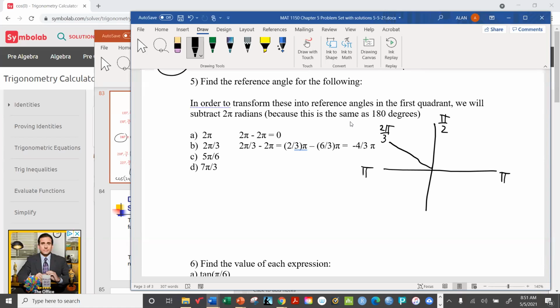So if you subtract pi/2 from that, you're basically flipping it around 90 degrees in this direction. 2/3 minus 1/2 would be 4/6 pi minus 3/6 pi.